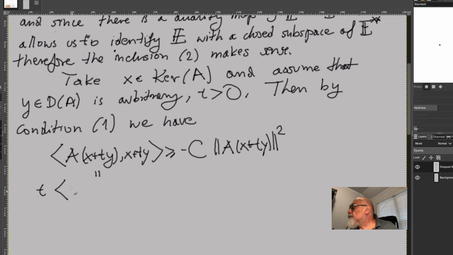But remember, x was belonging to the kernel of A, therefore we can rewrite it.